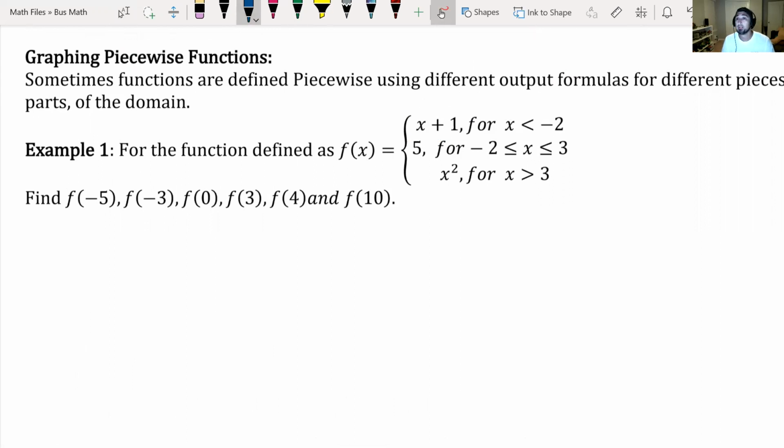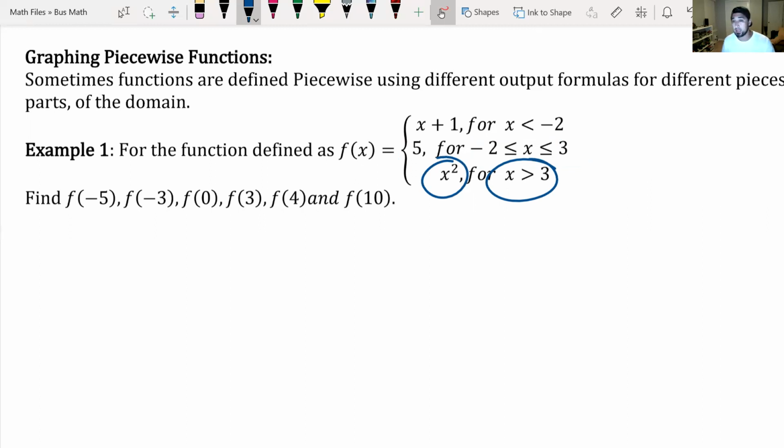Okay. Then next, for any x values between -2 and 3, the y value, the output, will be 5. Or we can use 5, right? And then for any x values greater than 3, we can use the function x squared.